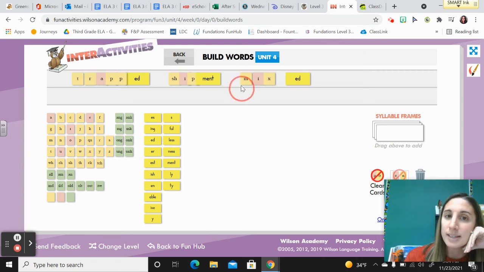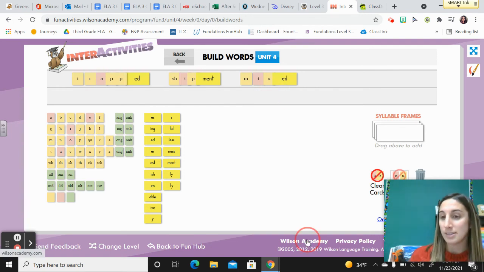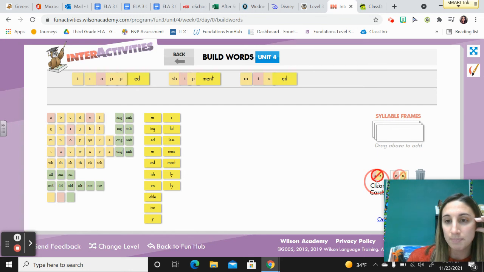I was surprised. The base word is a 1-1-1 word, correct? But what do you remember about the letter X? Do we ever double it in the English language? We do not. That's why it stays like that. We never double the X. Okay, I'm actually going to clear these.